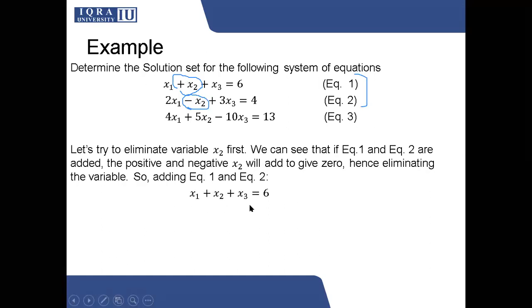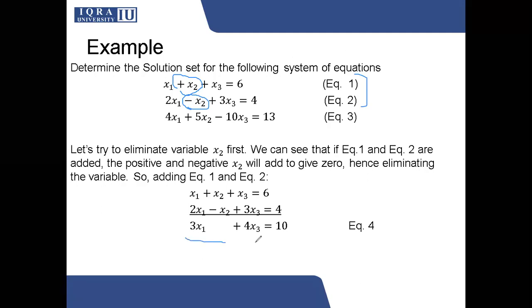I write the first equation right here as it is, the second equation as it is, and then I add them. x1 plus 2x1 is 3x1. The x2 terms add to give me 0. x3 plus 3x3 gives me 4x3 equals 10. I will label this new equation as equation 4.